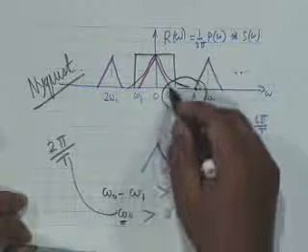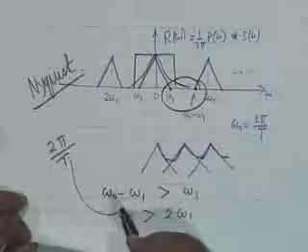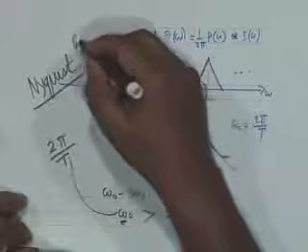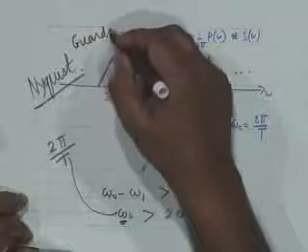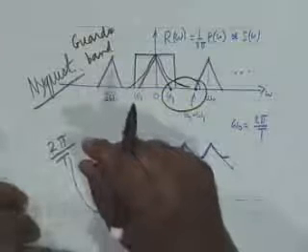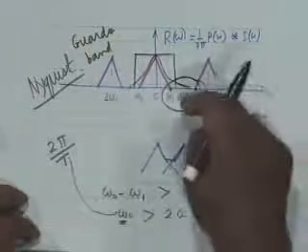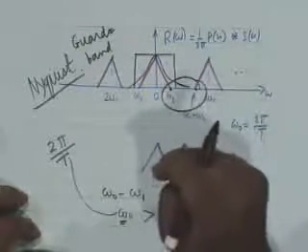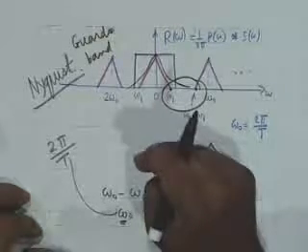This band of frequencies from omega 1 to omega 0 minus omega 1 is called the guard band. It guards against the distortion that might occur if omega 1 was exactly equal to omega 0 minus omega 1.